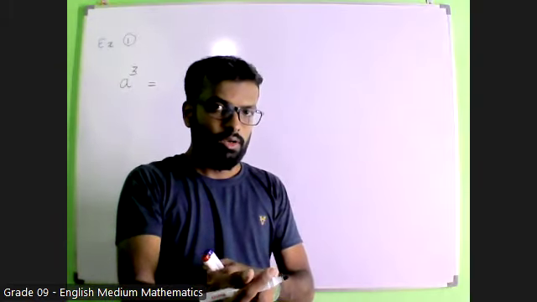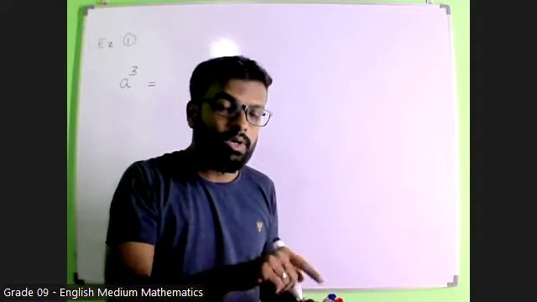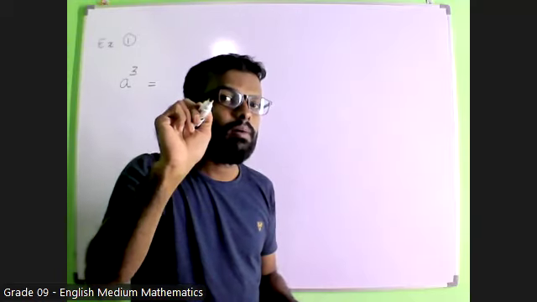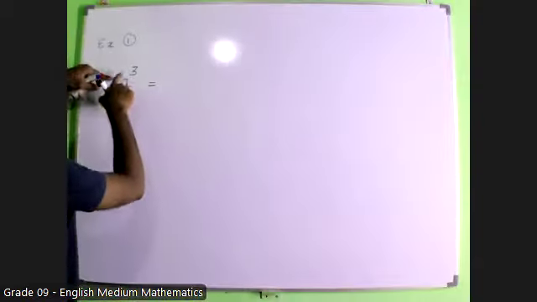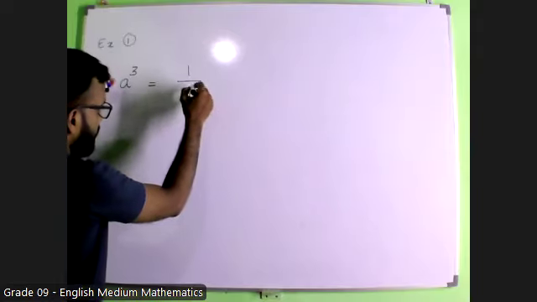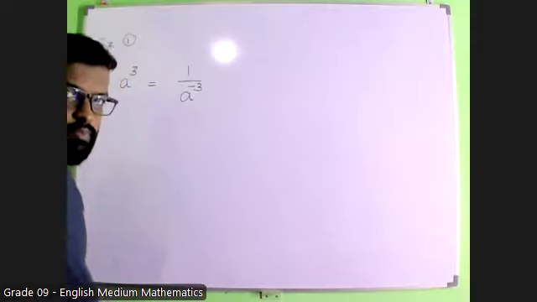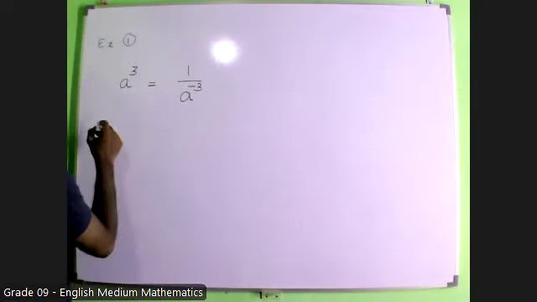First you have to get the reciprocal, and at the same time you have to put the negative sign in front of the power, the index. A to the power 3 becomes 1 over a to the power 3, which is a to the power minus 3. This is example number 1.